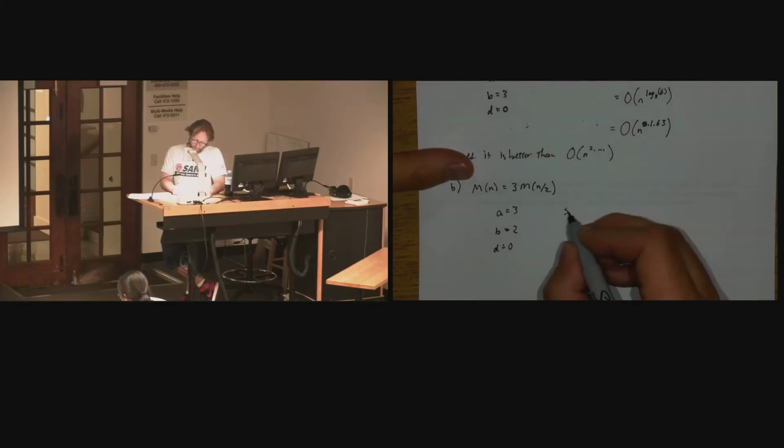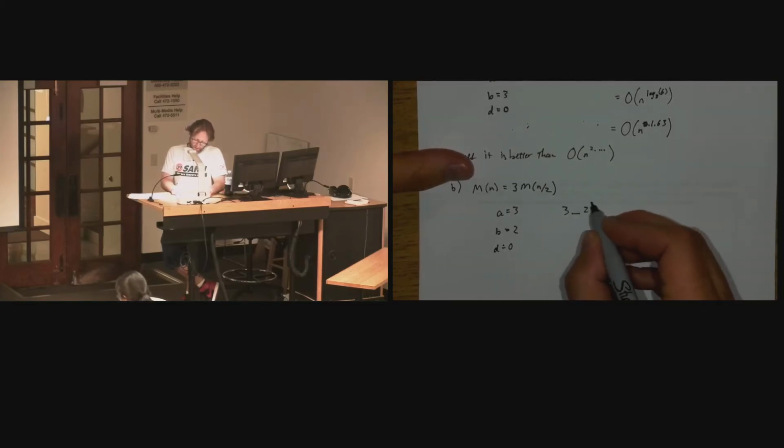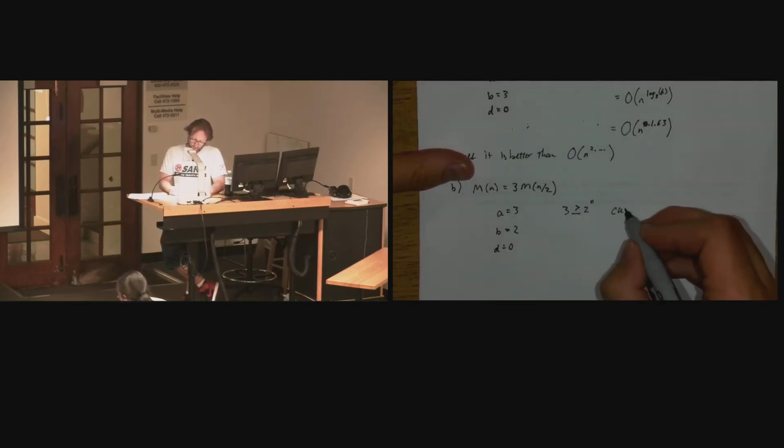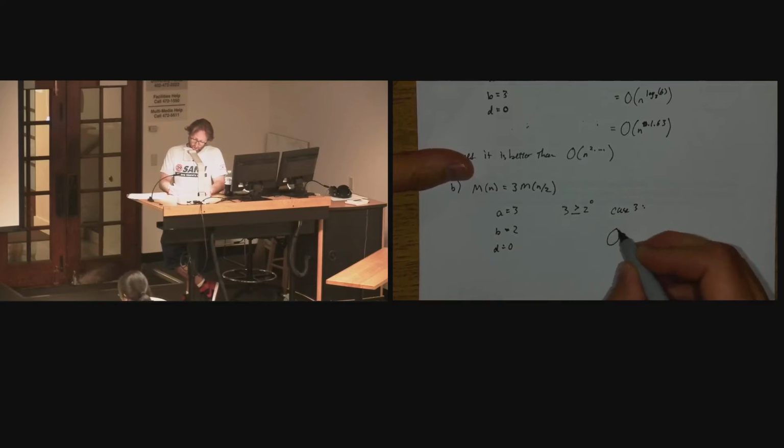So 3 versus 2 to the 0. Well, we still have case 3, right? Case 3 is going to be order n to the log base 2 of 3. And what's that going to be? Again, this is just master theorem application.